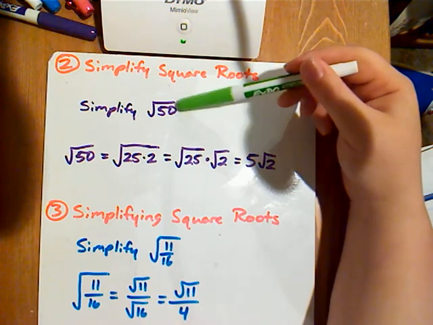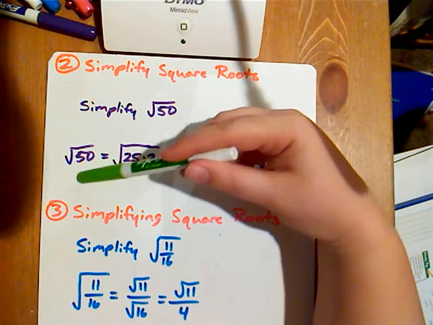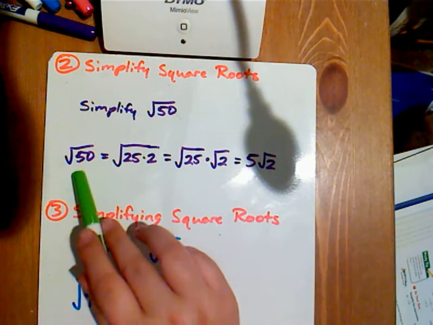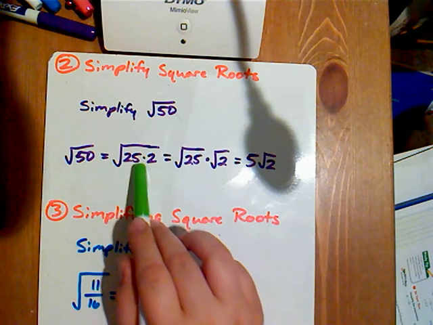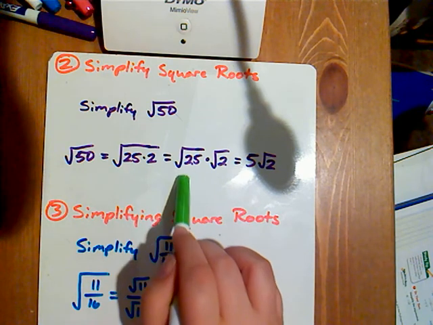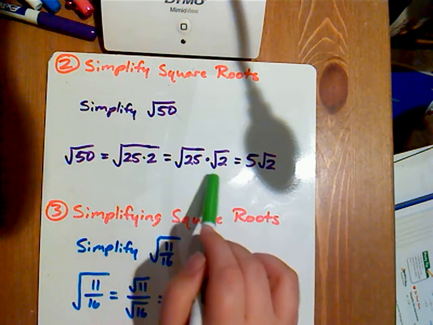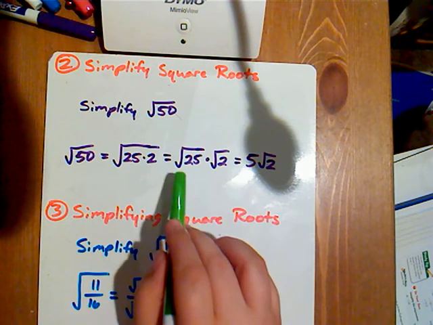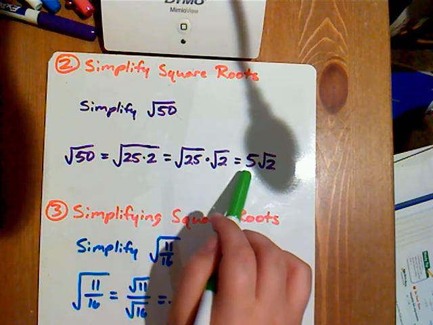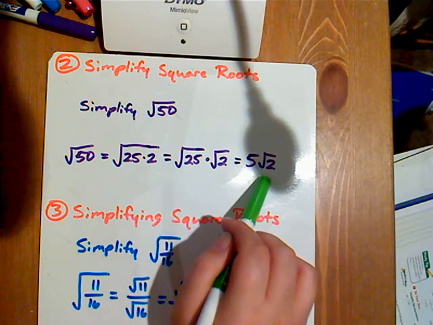The square root of 50 equals the square root of 25 times 2. We separate those: the square root of 25 times the square root of 2. The square root of 25 is a perfect square, so our final answer is 5 times the square root of 2.